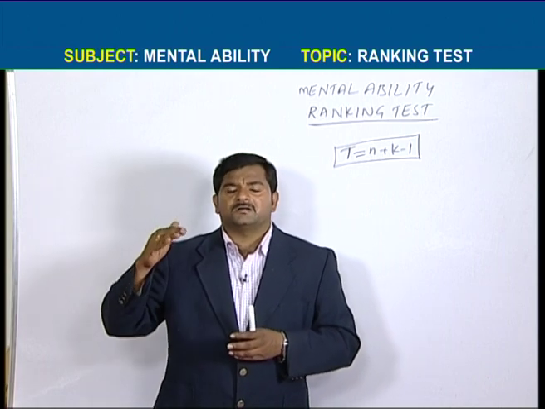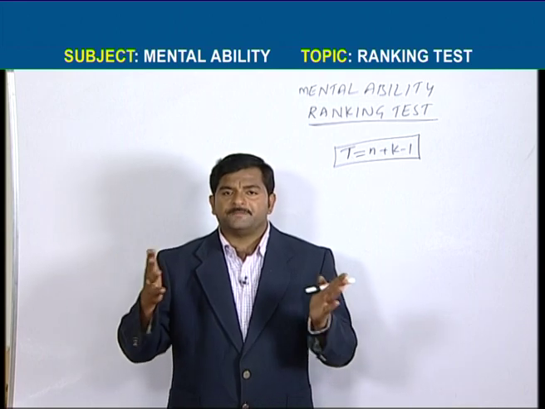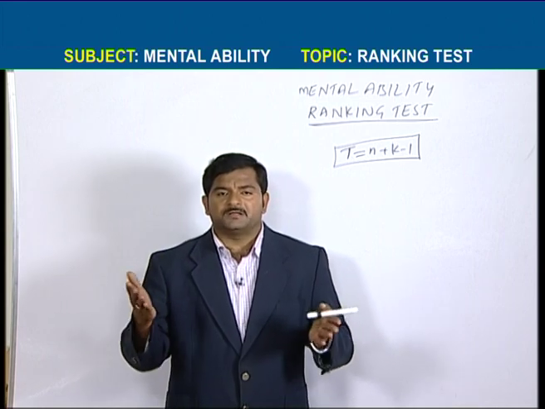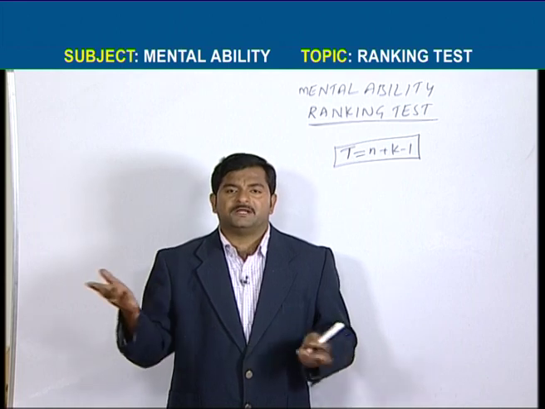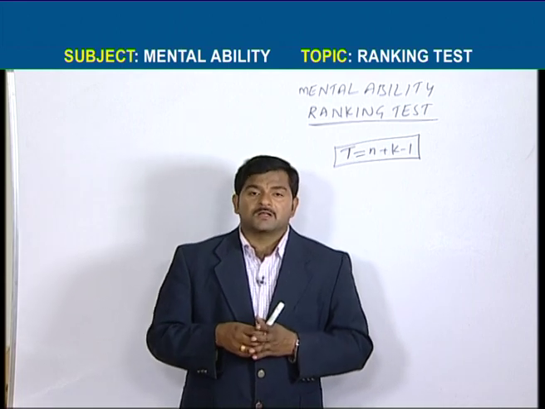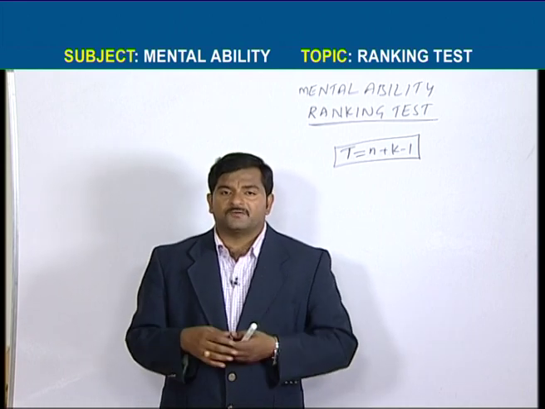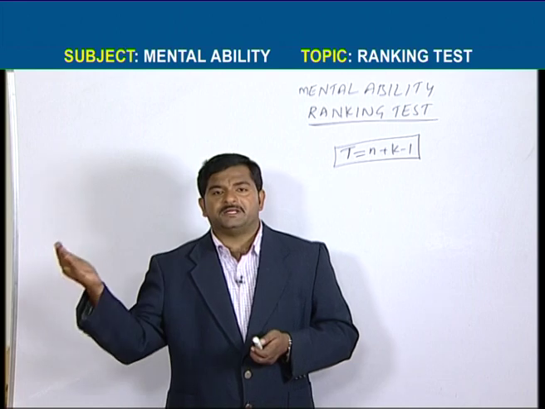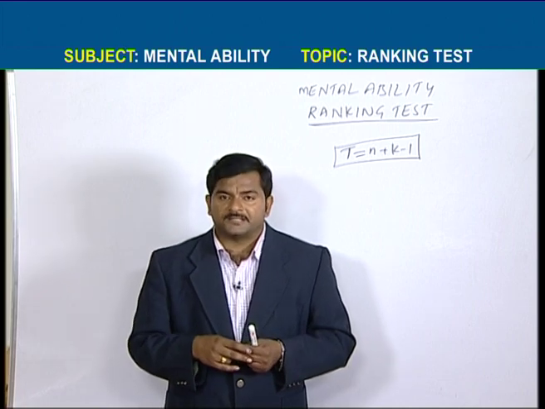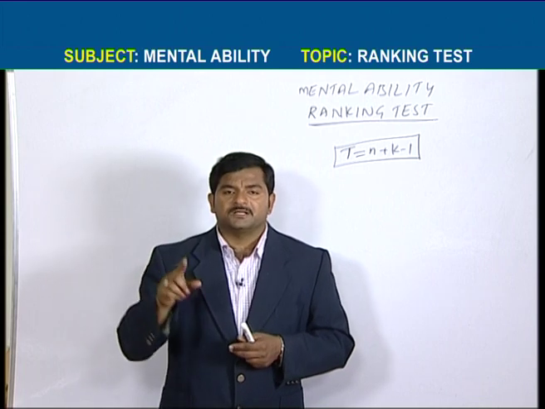Apart from that, there are 2-3 miscellaneous concepts. The next concept is, he will say there are certain numbers of people in between A and B, find the total number of members in a row. That is one model. Or sometimes A and B are two students, A ranks 15th from the left end and B ranks 20th from the right end. If they interchange their positions, then there will be some interchange condition.